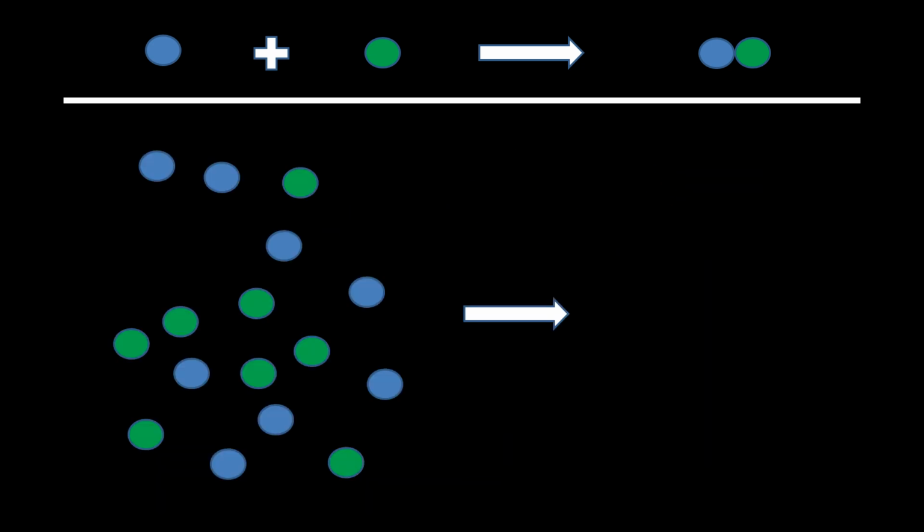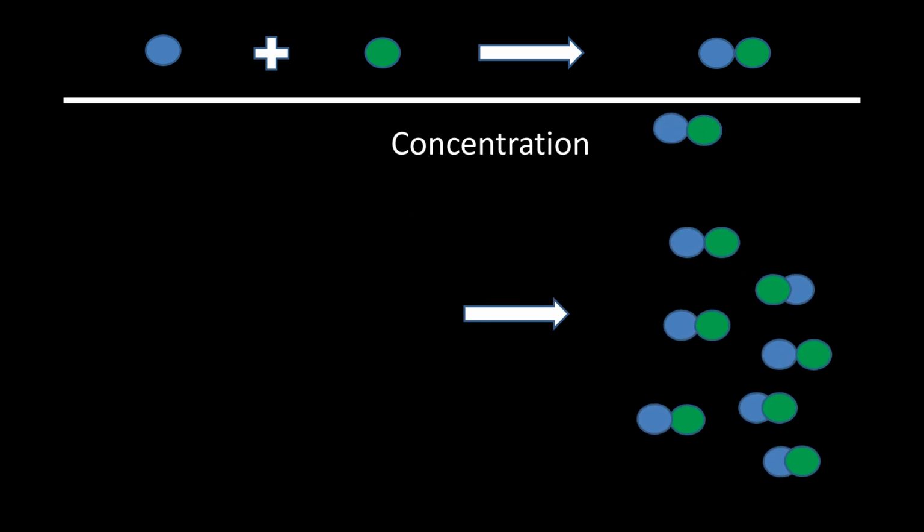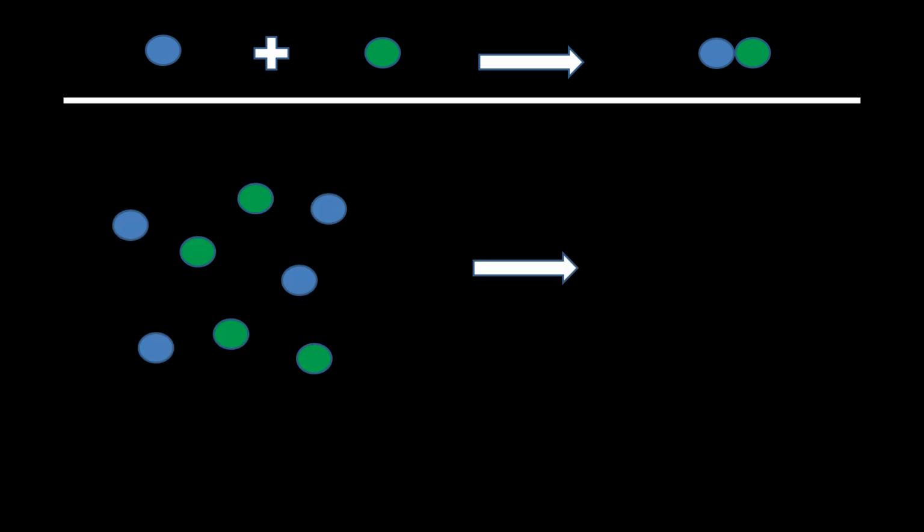Another thing that is going to increase a rate of reaction is something called concentration, where there's a lot more of the substance, and that concentration also causes more interaction between the two elements, and because of that, it happens much more quickly. So heat and concentration are both going to increase the speed of the rate of the reaction.